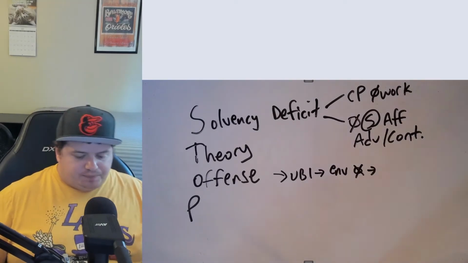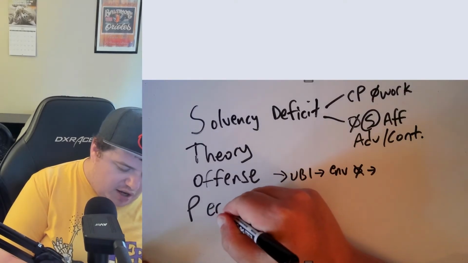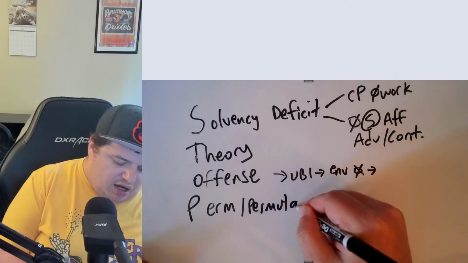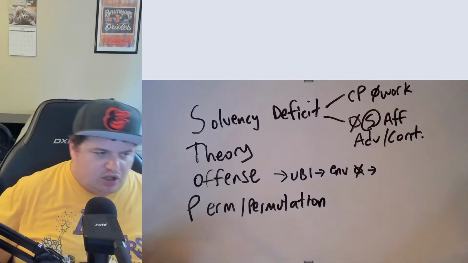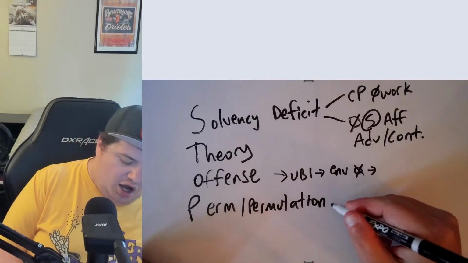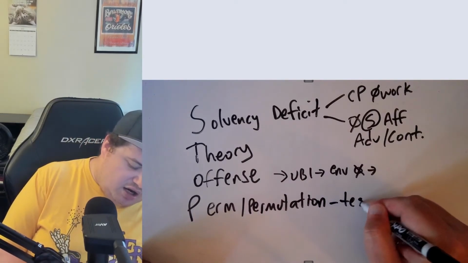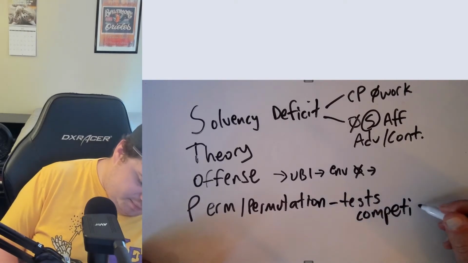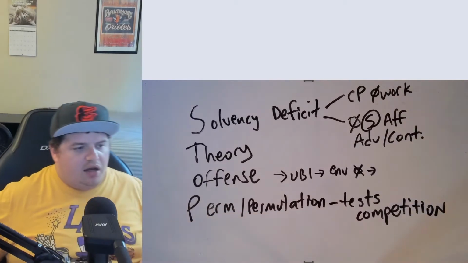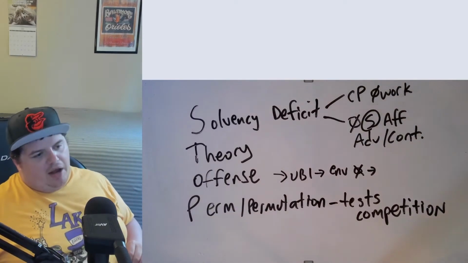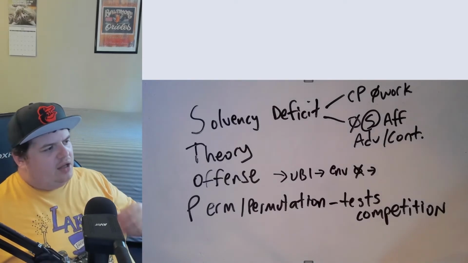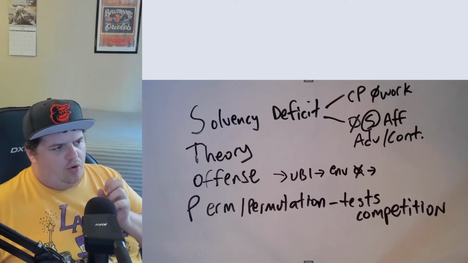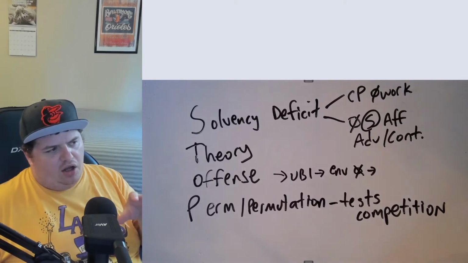The fourth way, which we were just talking about at the beginning, is a perm, or a permutation. A permutation tests the competition of the counterplan. Is it competitive with the affirmative in the debate? We're going to go more in depth on permutations after this, because they're their own really separate thing that's a lot more in depth.